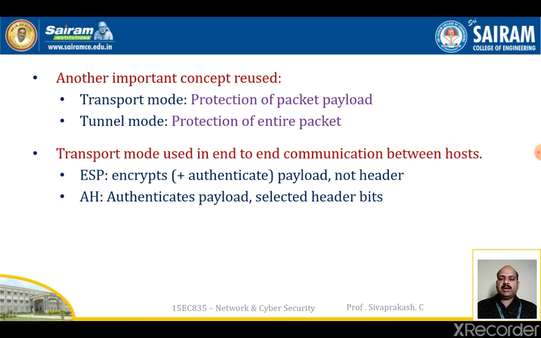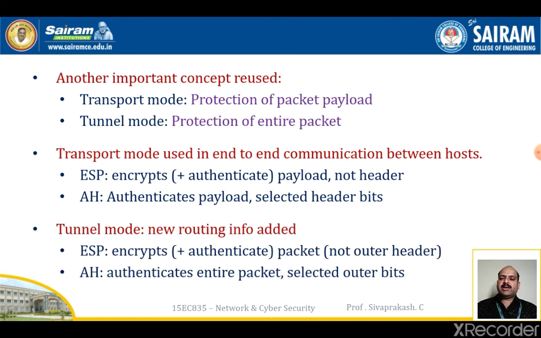AH authenticates the payload and selected header bits. In tunnel mode, new routing information is added. ESP encrypts plus authenticates the inner packet, not the outer header, whereas AH authenticates the entire packet and selected outer bits.